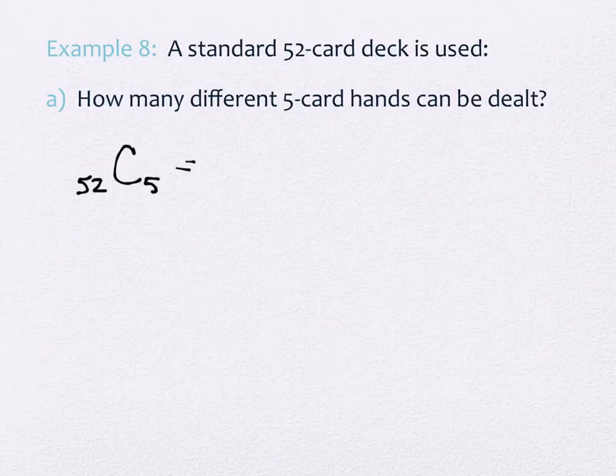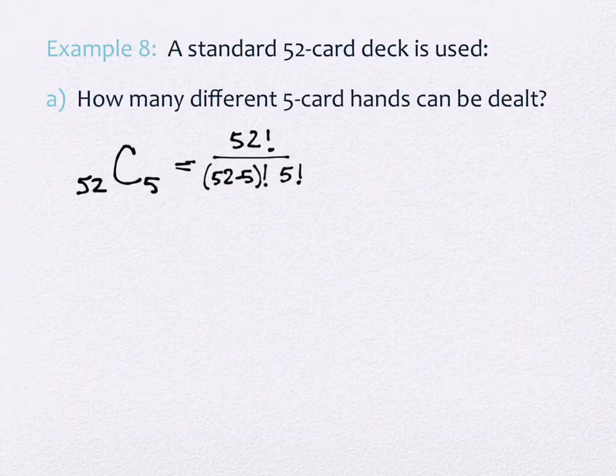Now the combination formula has 52 factorial on top, and then it has that same (52 minus 5) factorial on the bottom, but it also has a 5 factorial on the bottom. We haven't done as many combination problems. We've only done one, and we did it 2 days ago. But what you should remember anytime you're working with permutations or combinations is that you're going to get a whole number out of this.